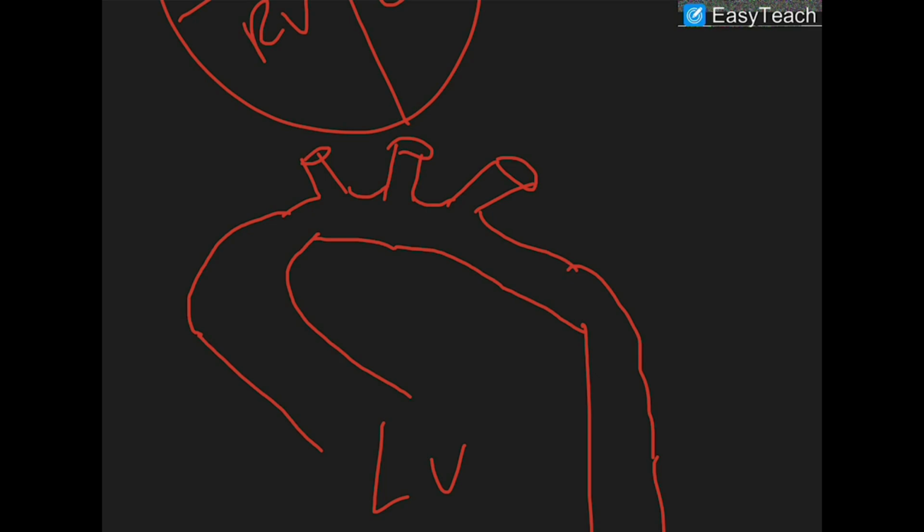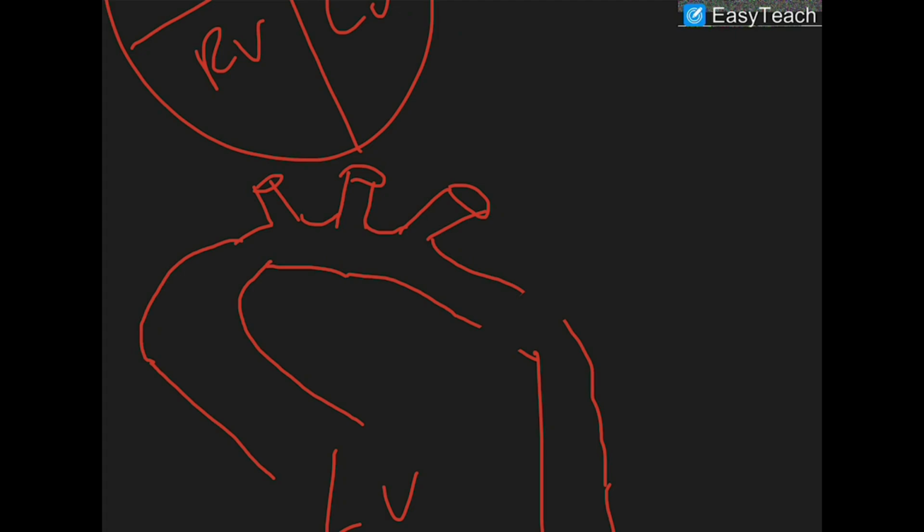So if we get our eraser here, and let's just say for the purposes of this video, it's right here, where we have our patent ductus arteriosus, and we can just draw our pulmonary artery connected to this, right? Like that. I know this isn't anatomically perfectly accurate, right?